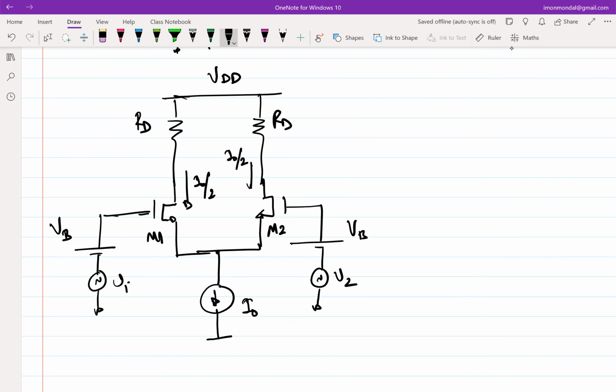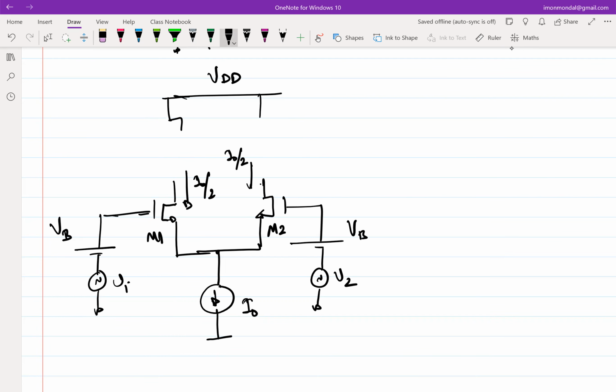So you are getting too much voltage drop across RD, right? Which means that we saw initially in one of the classes that if you have a common source amplifier with resistive load, there is only so much gain that you can get with a finite voltage supply, right? So if we can replace it with a load which does not require too much headroom to bias, then we are probably doing better, and that obviously is something that we found if we use a PMOS load, an active load.